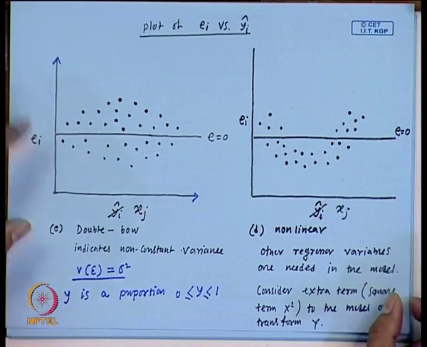So, what we learned from this residual against regressor plot is that it is important to determine the relationship between the response variable and a particular regressor xj.